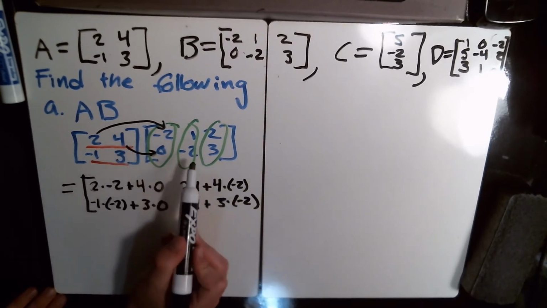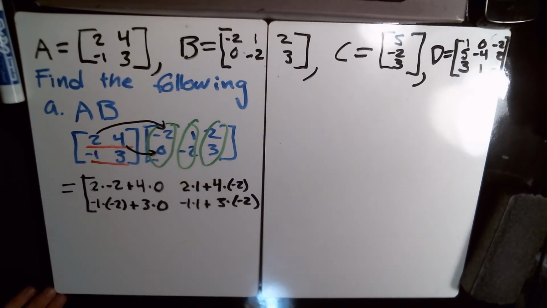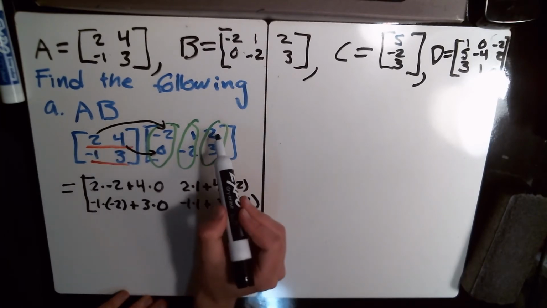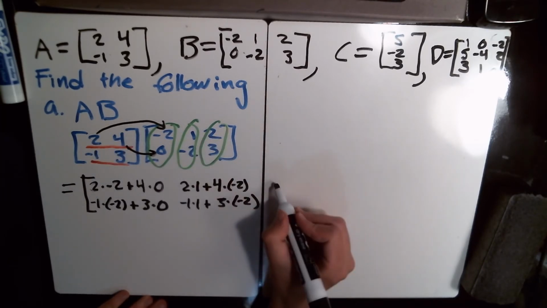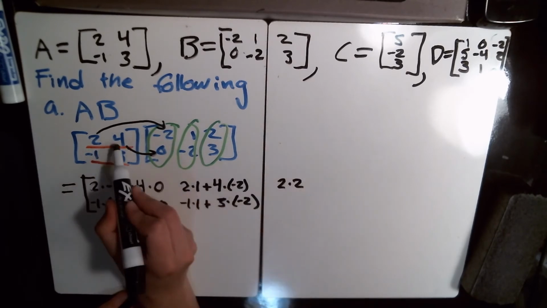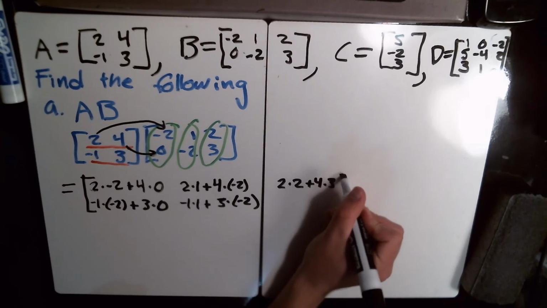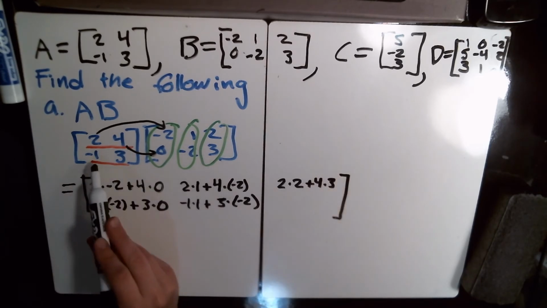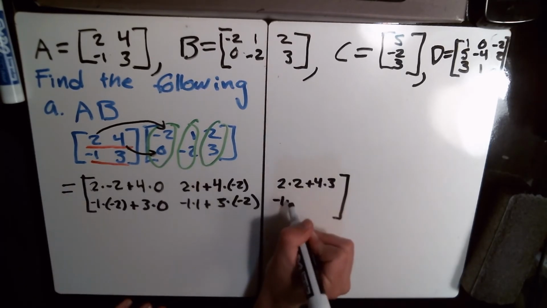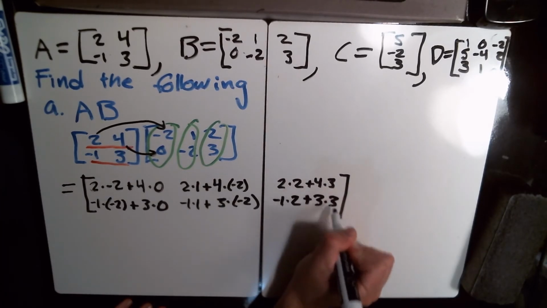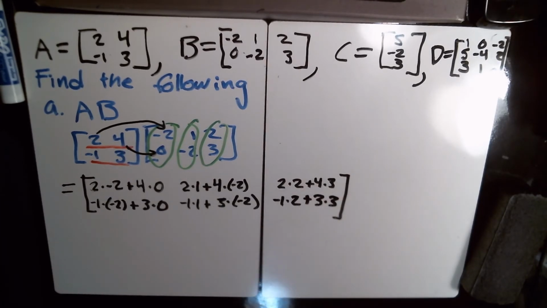Okay, this times this, that times that, added together. And then lastly, let's do that last column, 2 times 2 plus 4 times 3, and then negative 1 times 2 and 3 times 3. Okay, so this will be our product matrix here.